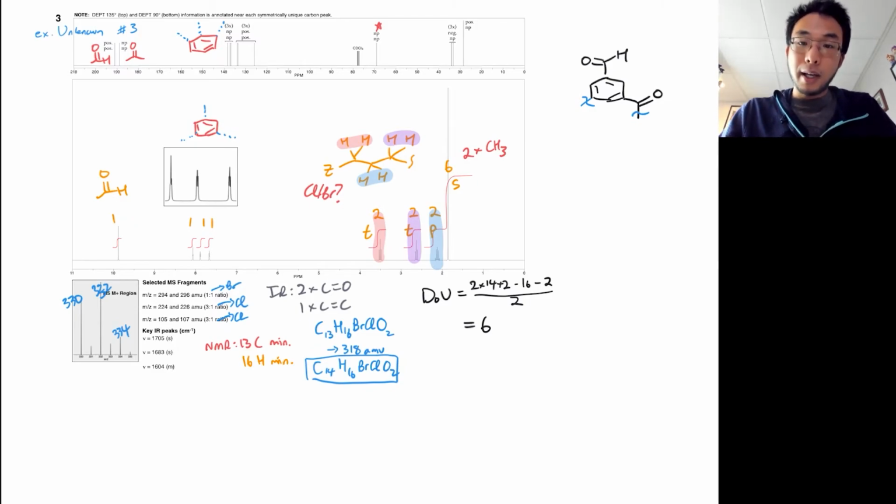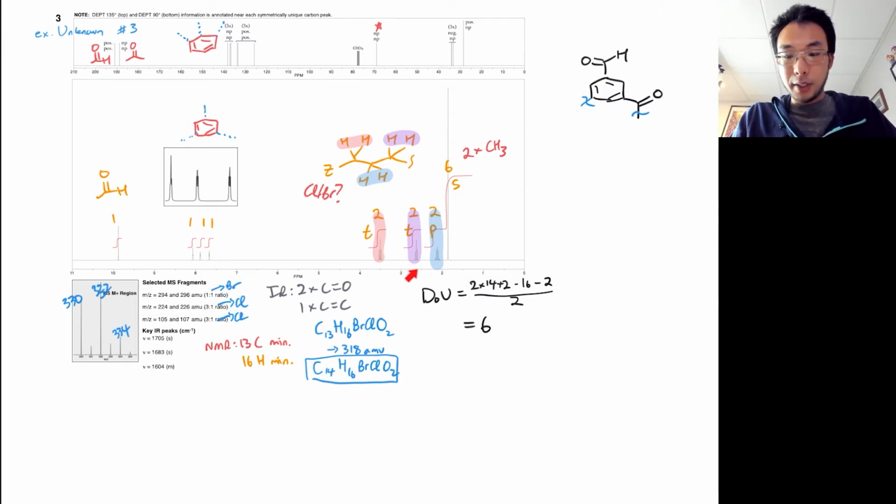So the hard part at this stage is to figure out which one of those is the case, right? And so looking at the chemical shift here, we should see that this chemical shift is coming in at 2.6 ppm versus the typical chemical shift when you're adjacent to a carbonyl of about 2.1-ish ppm.